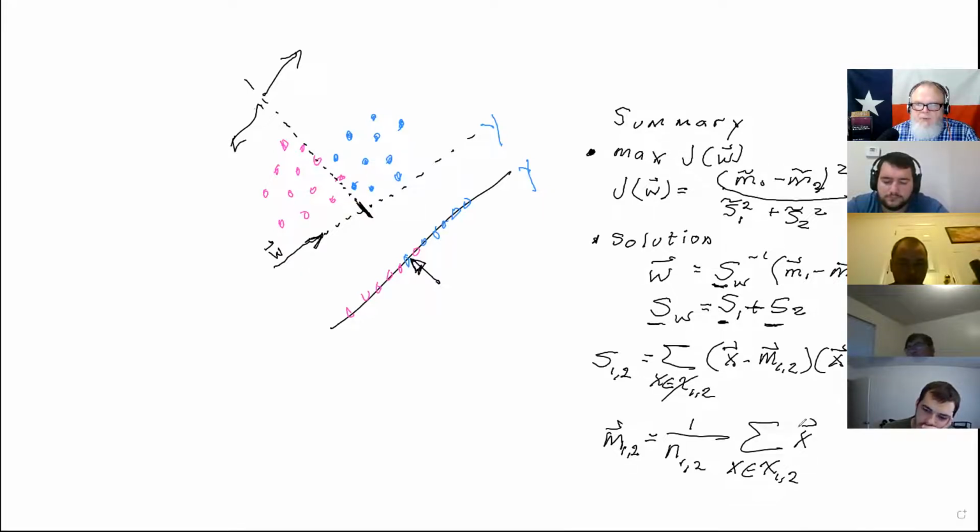So this is the summary of the Fisher discriminant function. Now here's something which is cool. Before I go on, kind of any questions on this? This maximizes the separation of the data.